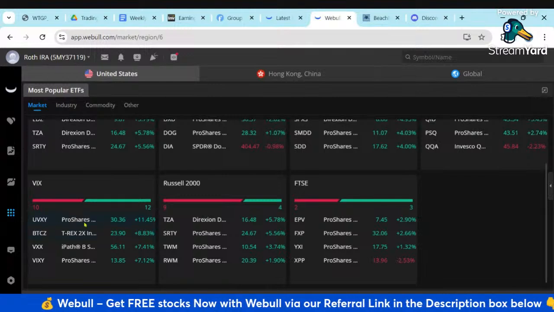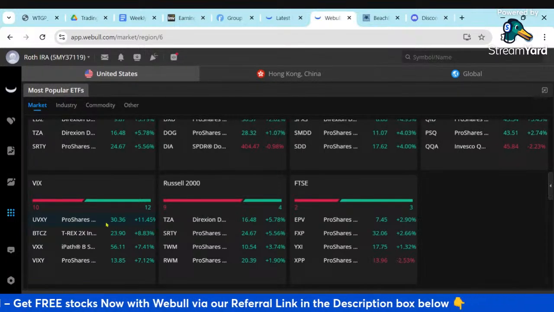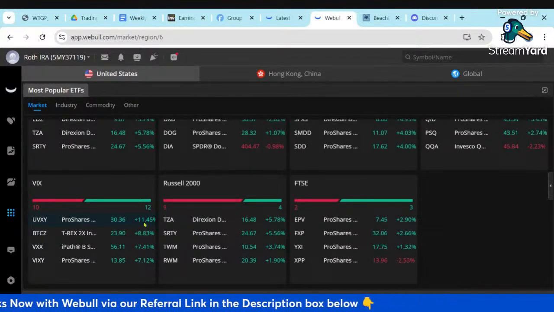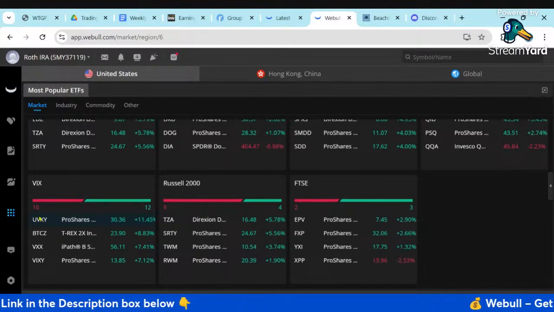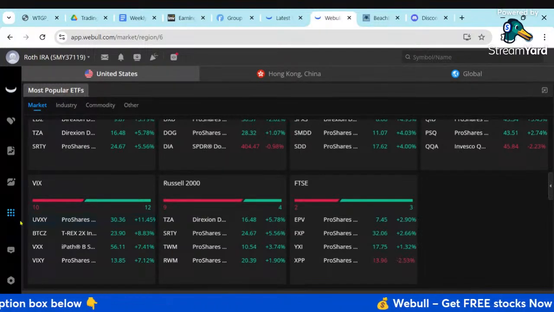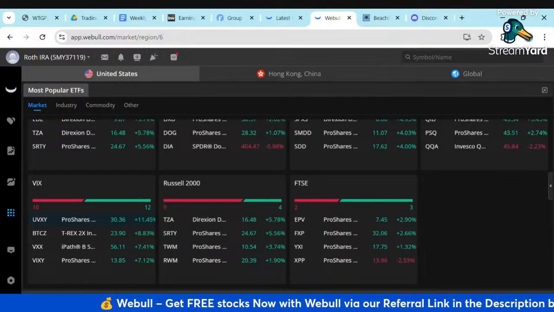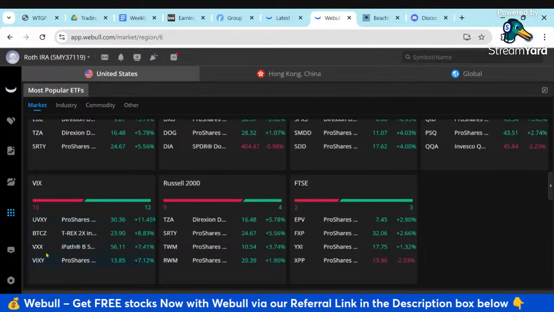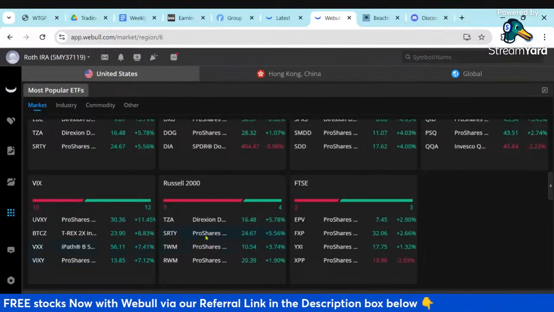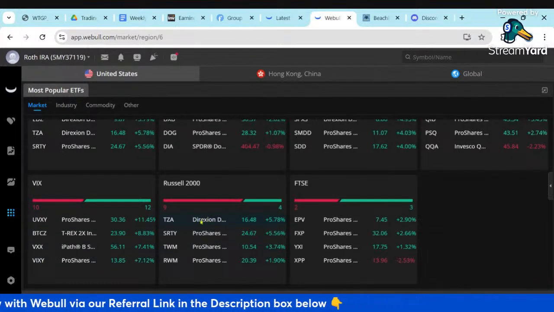We'll see in the futures that the VIX popped up. I think it ended up around 22.30, 22.40, and the futures are lagging a bit. So there's significant opportunity in the leveraged long on the VIX. These are all leveraged long on the VIX. Short small cap, short the Russell.